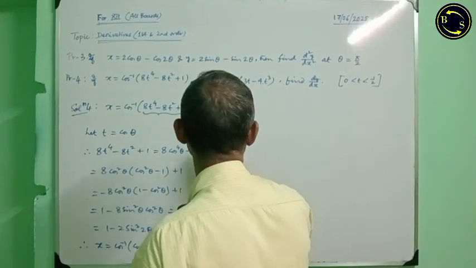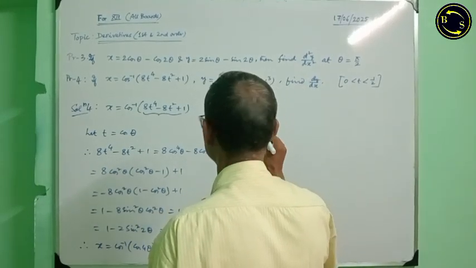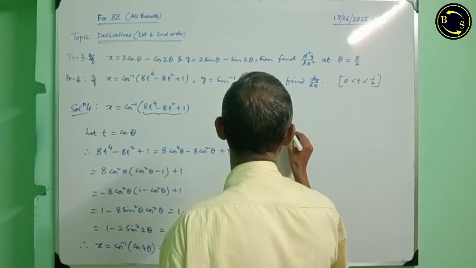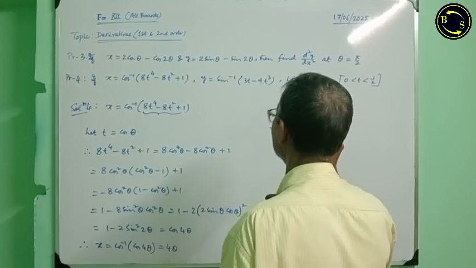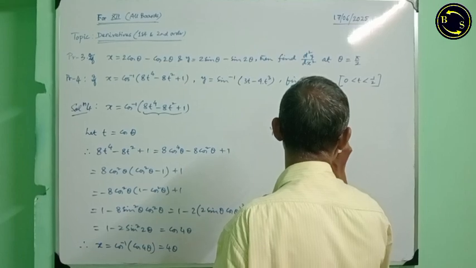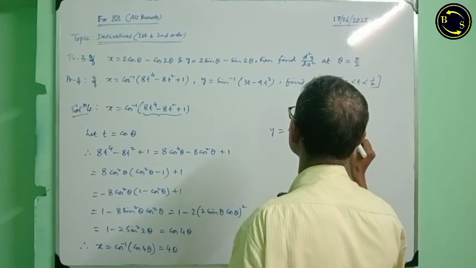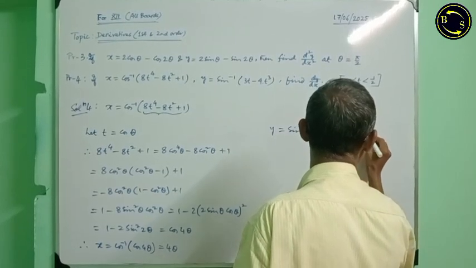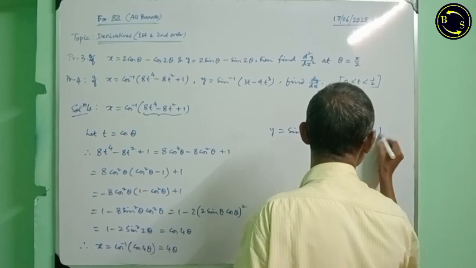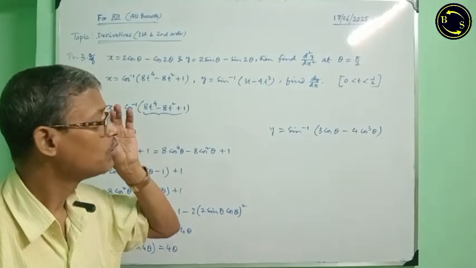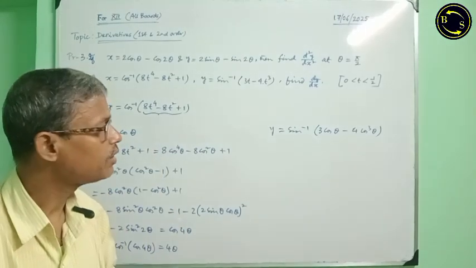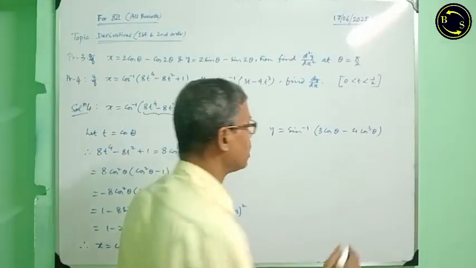Now, for this one, y will be equal to sin inverse 3 cos theta minus 4 cos cube theta. But in multiple angle form, sin 3 theta equal to 3 sin theta minus 4 sin cube theta.